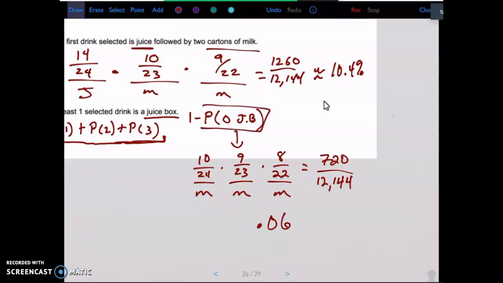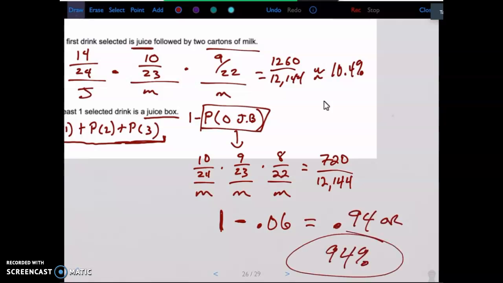That's this right here. And now if I want to find the probability of at least 1 juice box, I do 1 minus that 6%, and that gives me 0.94 or 94%. Boom.